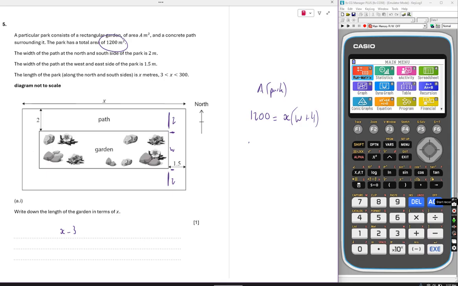Now let's rearrange this. Let's get 1200 divided by x equals the W plus 4. W, remember, is the width of just the garden. Now we're going to minus the 4 across. So 1200 over x minus 4 equals the width of the garden.